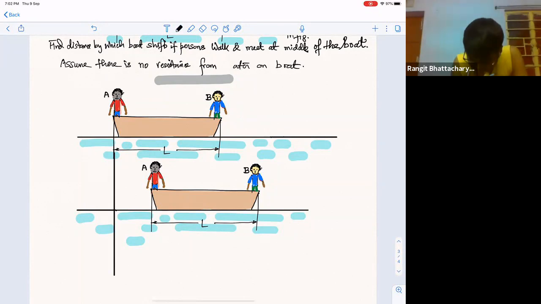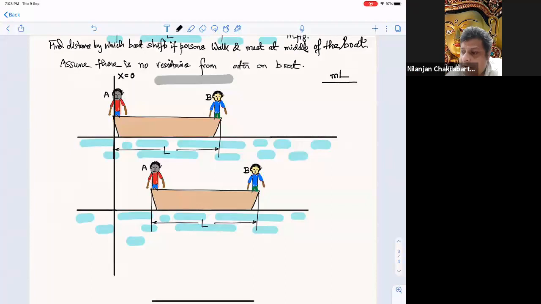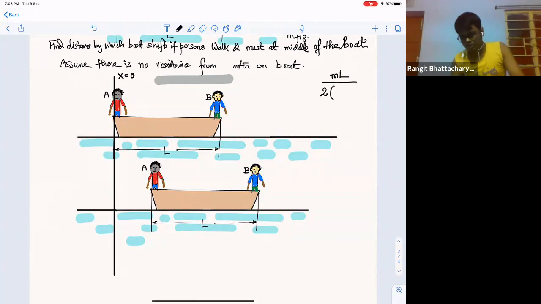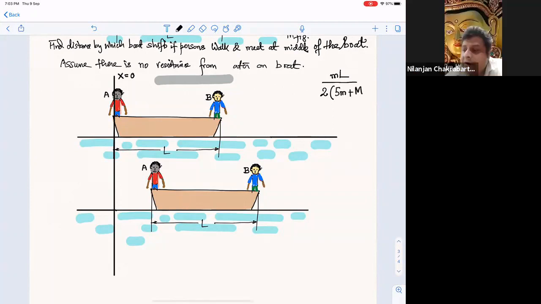Sir, I got an answer. Yes, answer. Small m into L by 2 into 5 into small m plus capital M. Is this to the right or left?